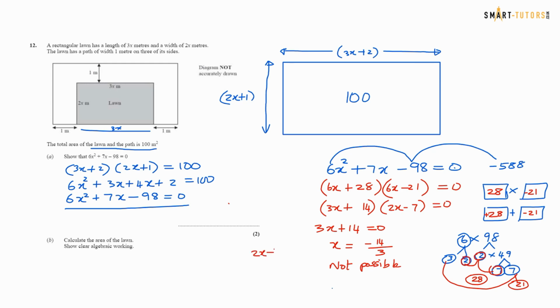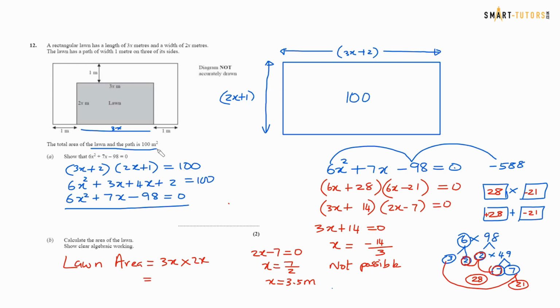2x minus 7 equals 0. x will come to 7 divided by 2, which is x equals 3.5 meters. Calculate the area of the lawn. So the lawn area equals 3x times 2x.